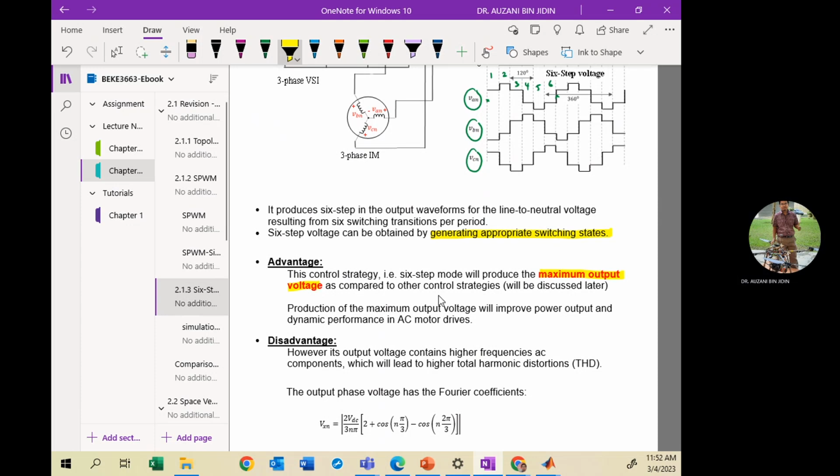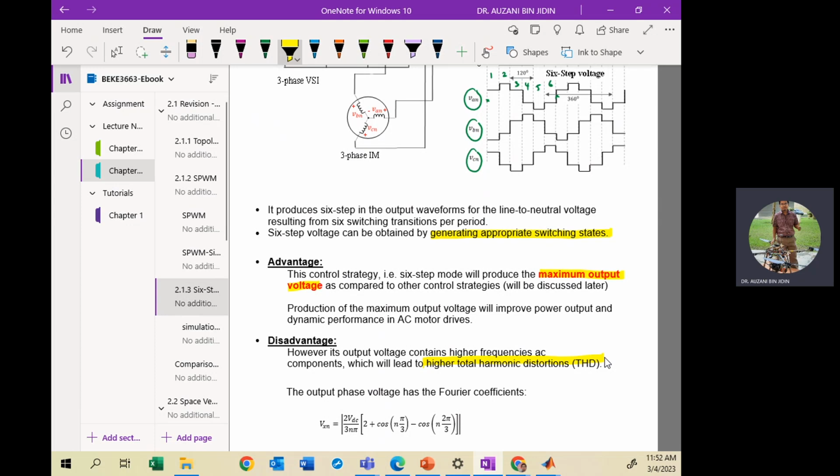This technique will produce the maximum output voltage, but it suffers from harmonic distortion, higher THD, total harmonic distortion, because of the square wave shape, the 6-step wave shape. You cannot apply this technique for the grid system.